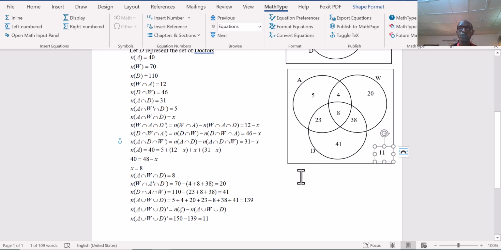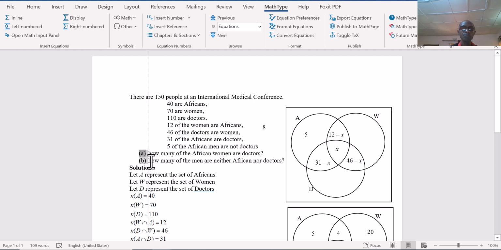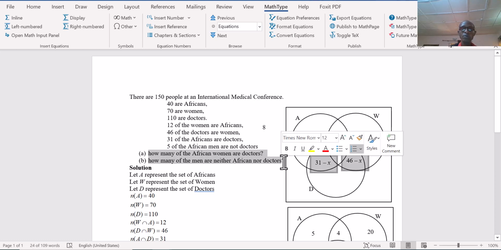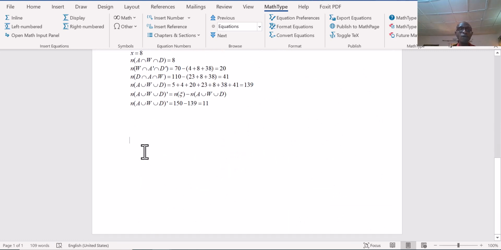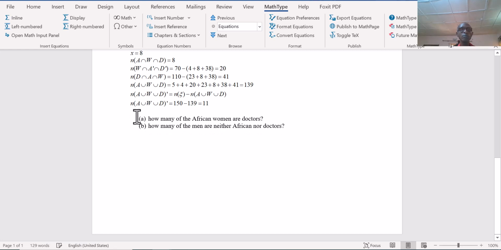So now let's tackle the questions that we are given one by one. Now the question says, how many of the African women are doctors?